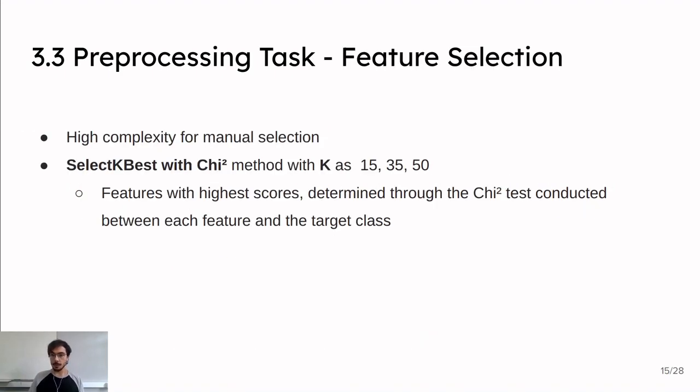For a selection of the most important features regarding the class, the assistance of domain professionals, in our case doctors, would be necessary for the extensive 61 attributes. Thus, we adopted a feature selection algorithm. The SelectKBest method employs statistical tests to assess and rank features according to their correlation with the target variable.